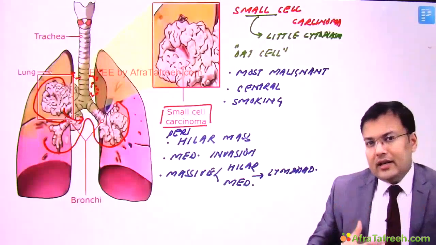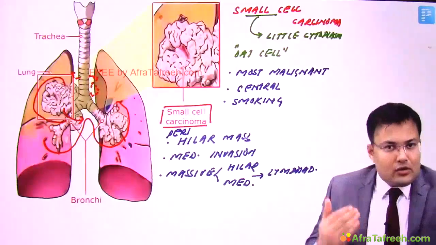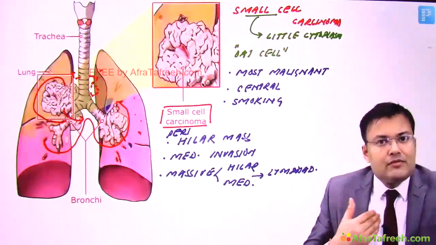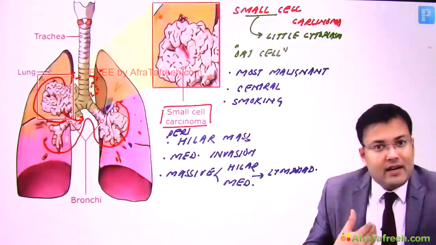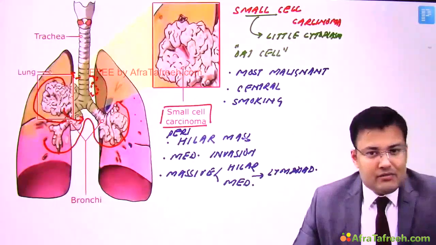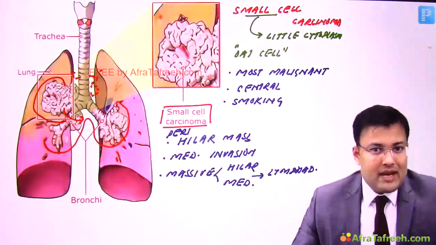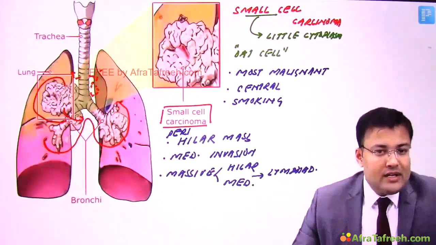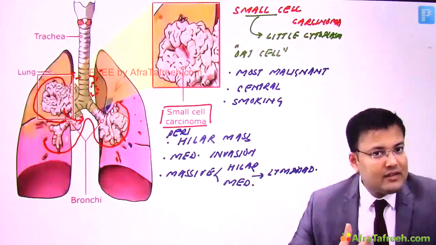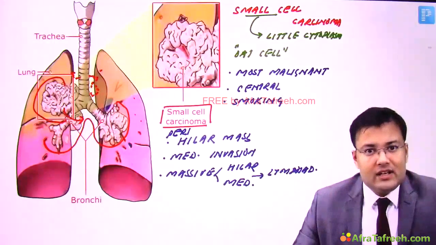This is the malignancy responsible for compression of the superior vena cava, so which malignancy is most commonly responsible for superior vena cava syndrome? It is carcinoma lung, the small cell lung cancer.